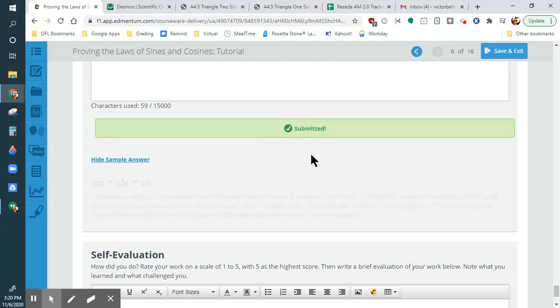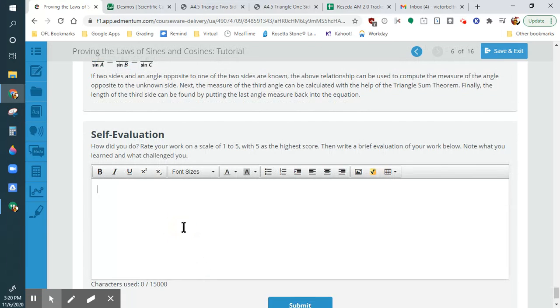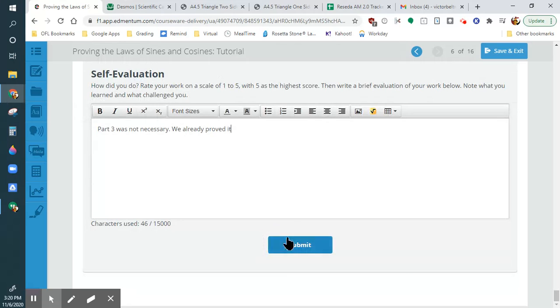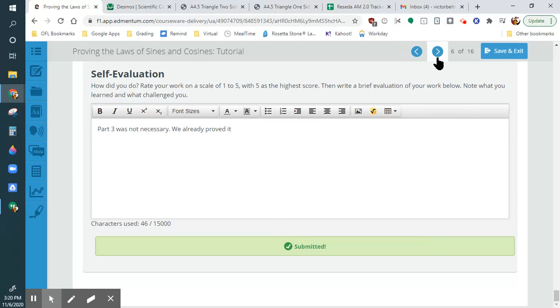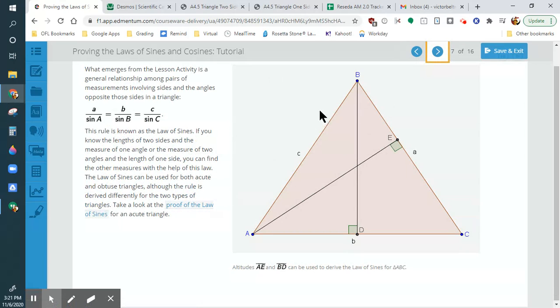They were gonna do a lot more, but they're literally saying the exact same thing over again. I'm gonna say part 3 was not necessary. We already proved it. So I know Edmentum usually causes us to do more proofs and they slow roll things, but this one I felt took way too long.